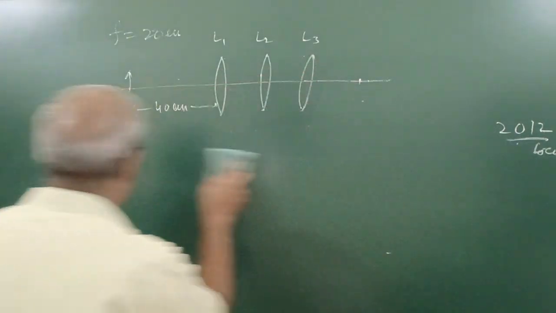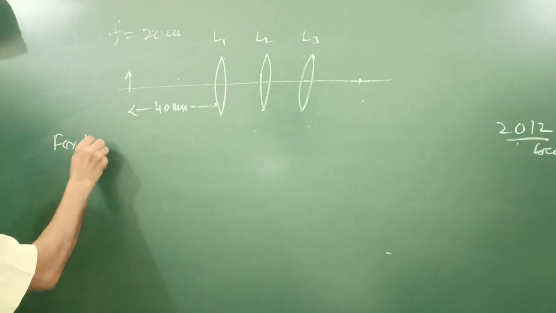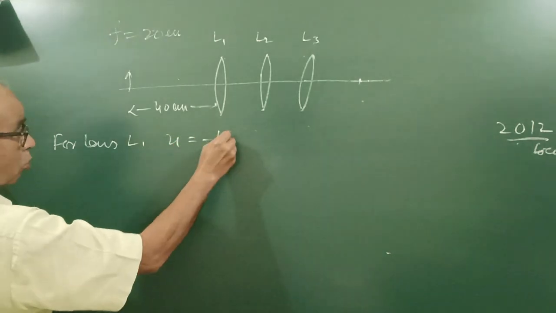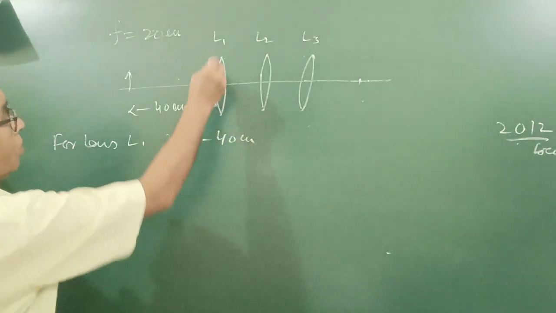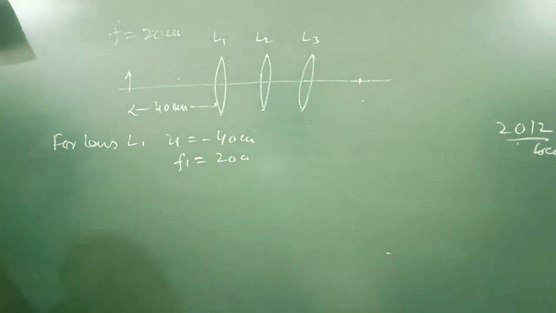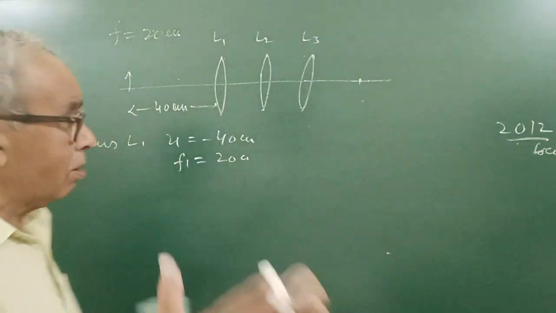Distance between them. For lens L1, u equal to minus 40 centimeter, f is 20 centimeter. So clearly the object is at 2F, the image will be at 2F, 40 centimeter.